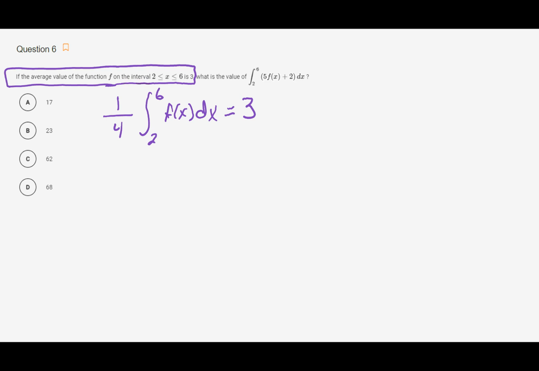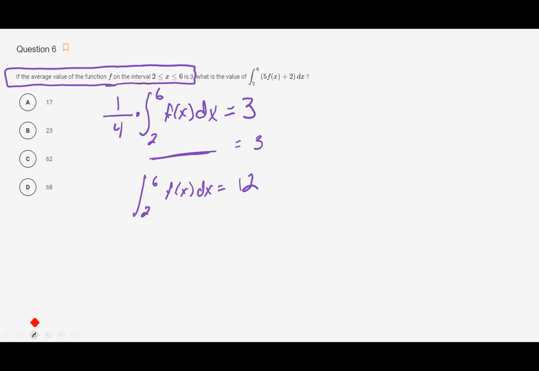So I need to take that information first. If I'm doing the average value of something and it equals 3, well, that something had to be 12. If I take 1/4 of 12, I get 3. So I know that something is 12.